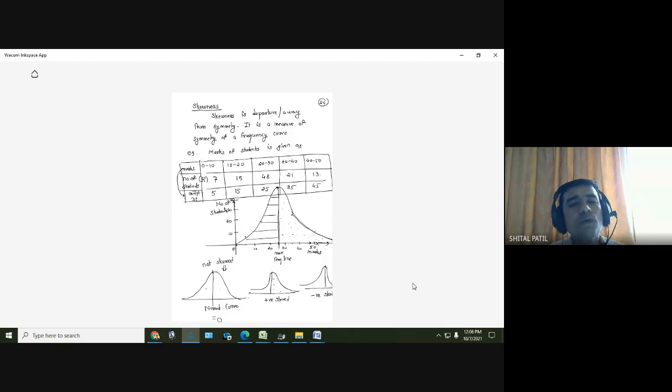For that, we have to find the coefficient of skewness. Okay, so we'll write that on the next page. Understand what we are doing: for the frequency curve, whether it is skewed or normal, that we are checking. Normal curve means there is no skewness. Coefficient of skewness will be 0. Okay, let me write it on the next page.